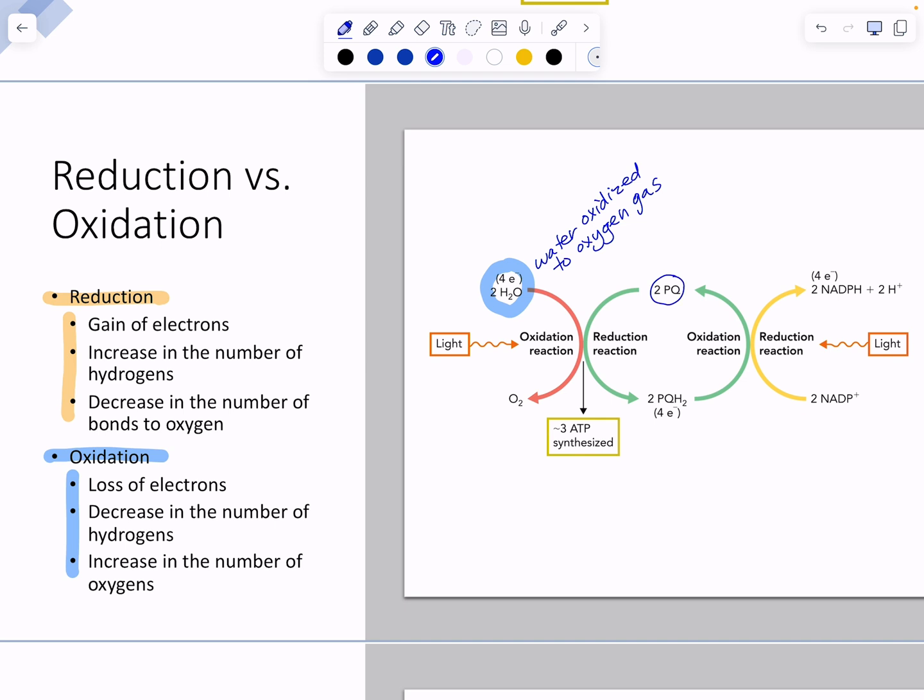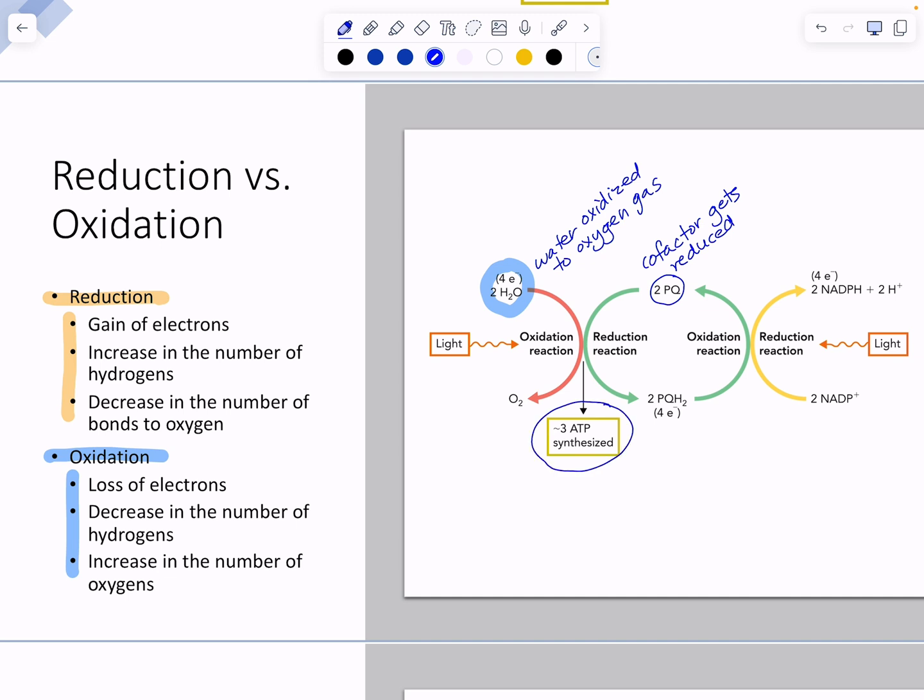And this is such a favorable process that we also have enough energy released to make ATP, okay?